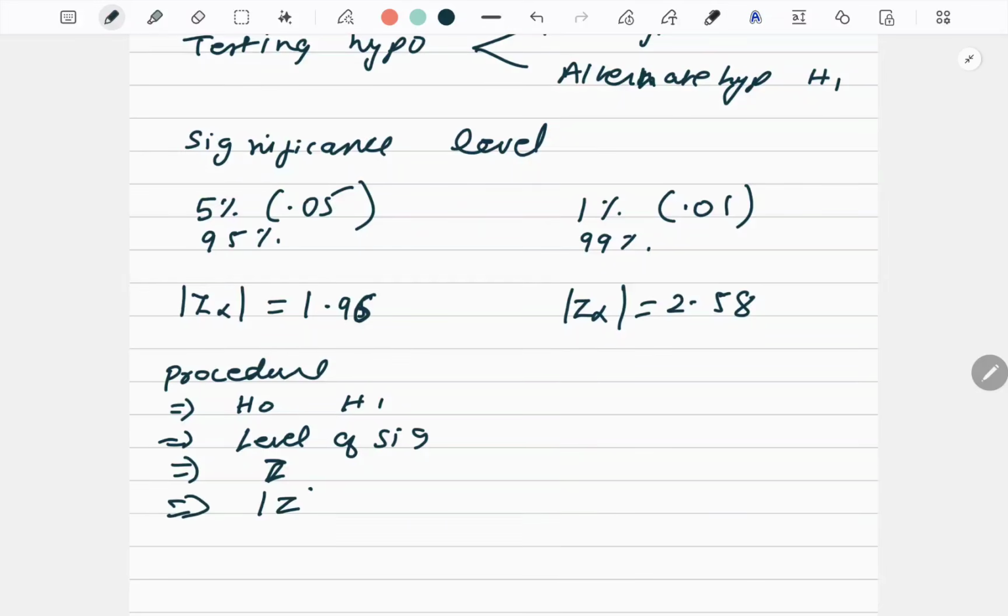If the absolute value of Z is greater than Z alpha, I will reject H0. And if Z is less than Z alpha, I will accept the hypothesis. Correct? Now, what is a test of significance? The process which helps us decide about the acceptance or rejection of the hypothesis is called a test of significance. Right? So these are the basic concepts.